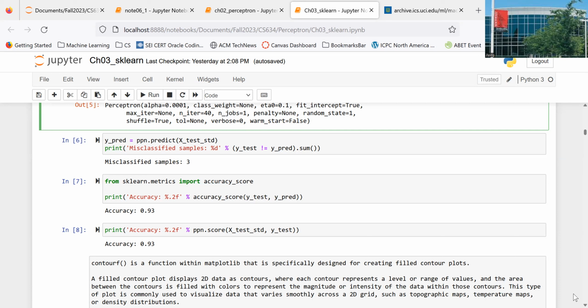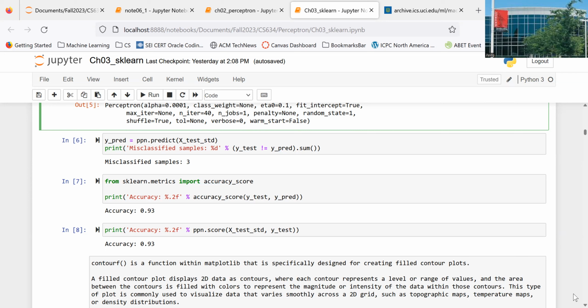After that, the next step is to predict with the predict method. With predict, you have y predict, and you also have y test. So the predicted may not be the same as the test.